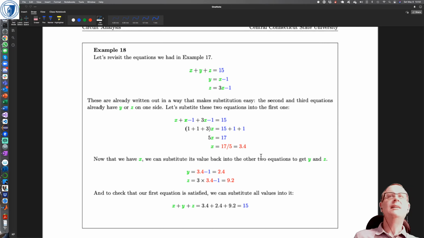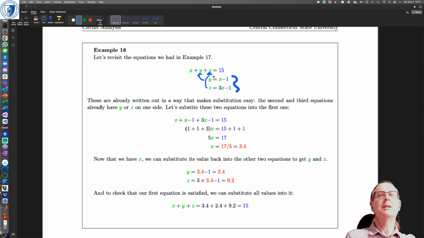So here in this example, y and z are already in terms of just x, so we can take those two equations and substitute y and z into that equation. That'll allow us to solve for x, and once we've solved for x, we can just put x back into these two equations to find out what y and z are, and that's called substitution.